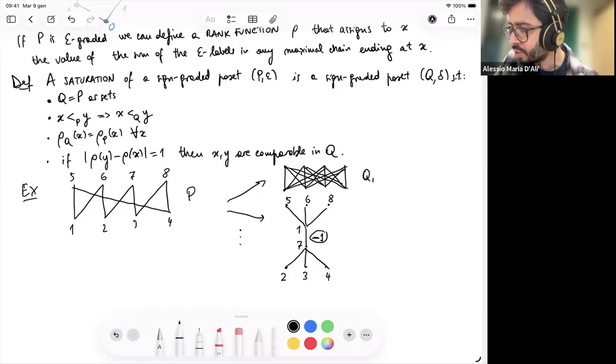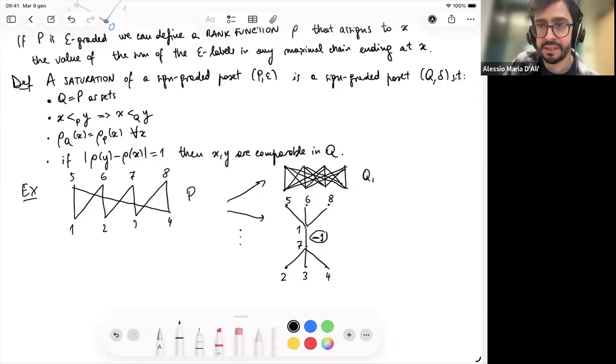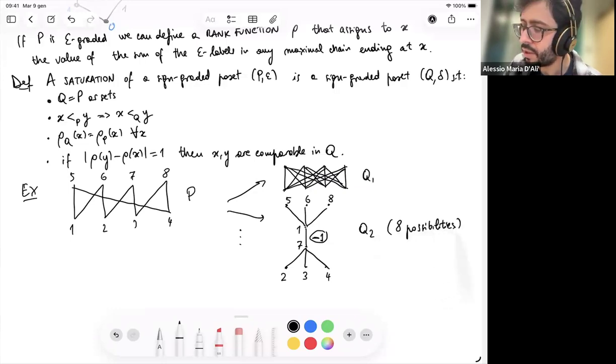So for instance, 2 was below 6. That's still true here, even though I have to pass from 7 to 1, from 1 to 6. And the rank is the same on both sides. However, this thing is a bit different than what I used to have. I have actually 8 possibilities for this one, and I think there are at least 5 combinatorial types of these objects.